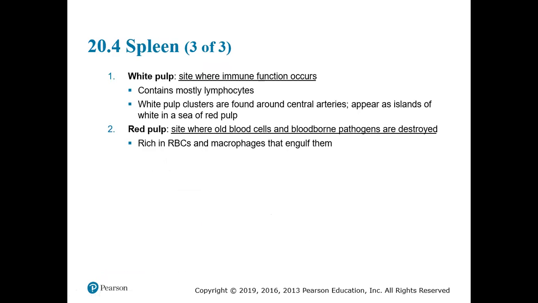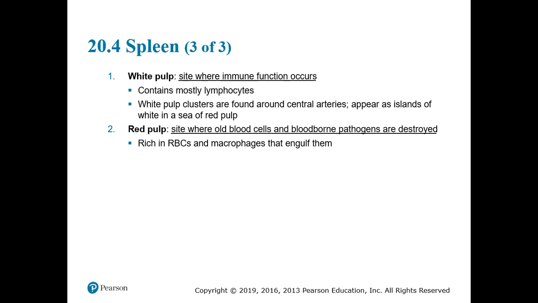So, okay, let's get a little bit more detail. What is this white pulp or red pulp? We can't see that when we look at the gross anatomy, but I can definitely tell you that this is where we have immunological function. This is the site where this is going to be occurring.